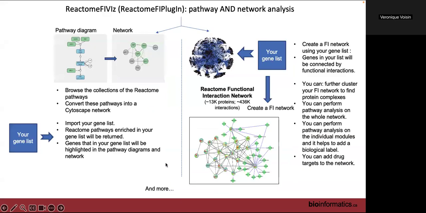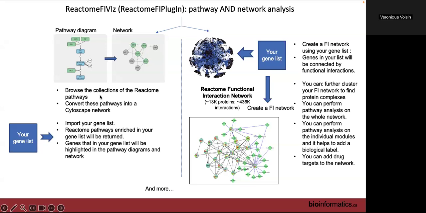Now the app has two components, and the first component on the left is really to browse the collection of the Reactome pathways for Homo sapiens. You see here a pathway diagram, and we have seen this in the lectures. What the app enables us to do is convert the pathway diagram into a network, and we can also convert the network back into a pathway diagram.